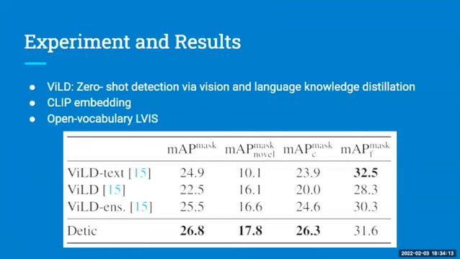And WILD Ensemble is kind of the best of the two methods, WILD text and WILD, and it provides improvements on both. But as you can see, detic outperforms all three of these methods in almost all cases, except for the frequent case where WILD text does better. This gives you an idea of how detic performs compared to state-of-the-art open vocabulary object detectors.